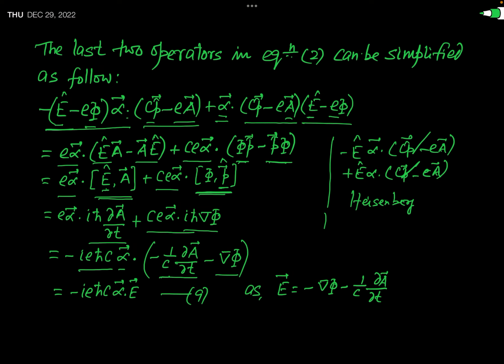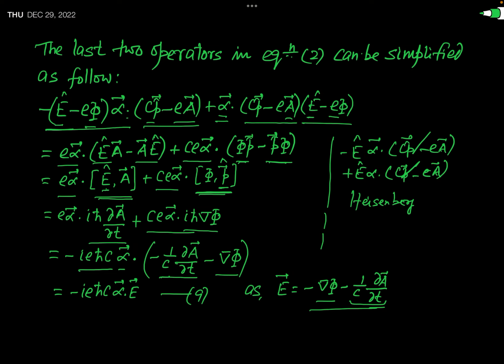But when you study the electrodynamic potentials in electrodynamics, you know that the electric field vector is given by E equal to minus del phi minus 1 over c del A by del t. If the field is electrostatic, then it is conservative, and then E is simply minus del phi.